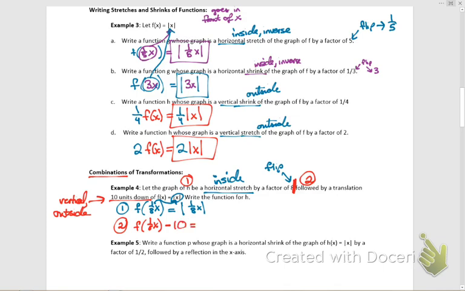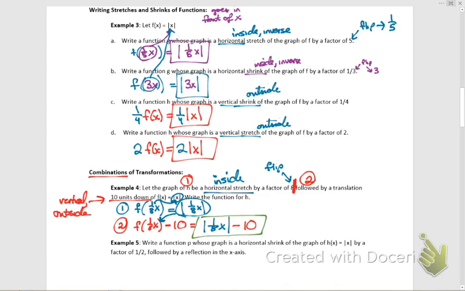Which means that now we're actually taking the 1/8 x and plugging it in there. So it'll be the absolute value of 1/8 x, and then the new part minus 10. And that's what you do. Okay, 2 steps. So instead of just 1, 2. That's all. All right, let's do another one.